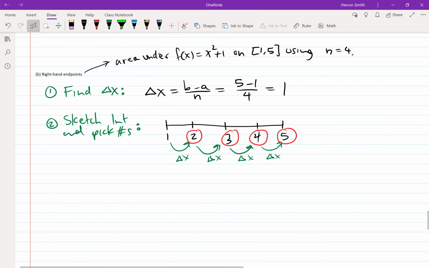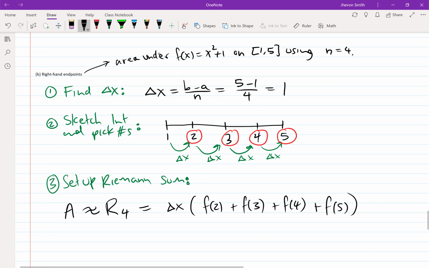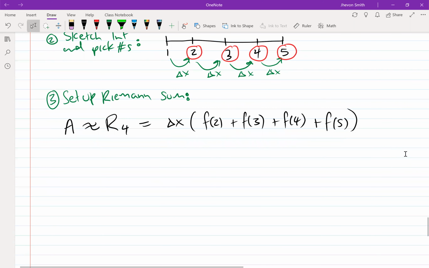And this brings us to the last step, set up the Riemann sum. The area that we care about is approximately equal to the right-hand rule with 4 subintervals. That's delta x times f of 2 plus f of 3 plus f of 4 plus f of 5. And now you just plug in the numbers and calculate.